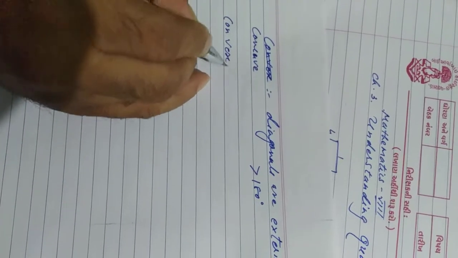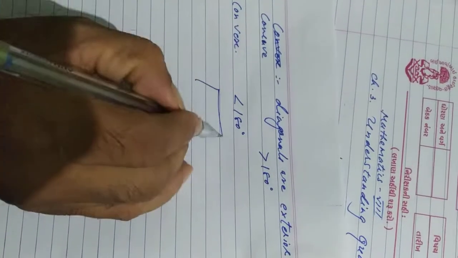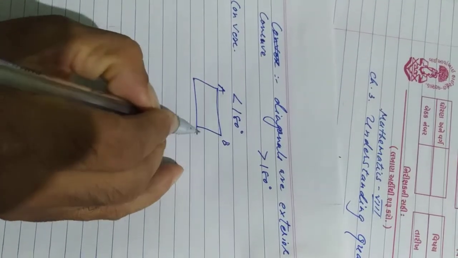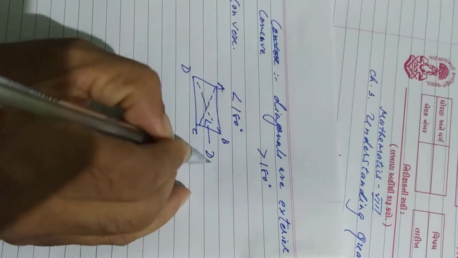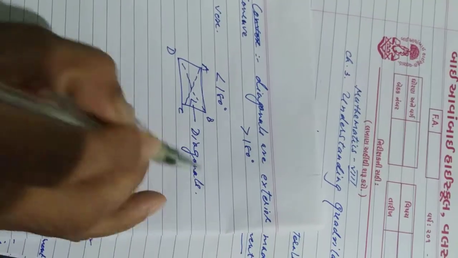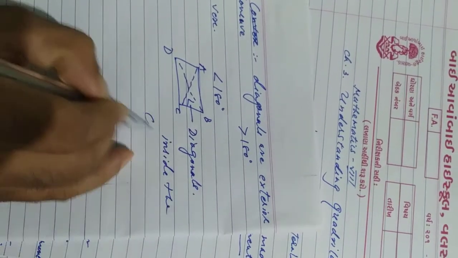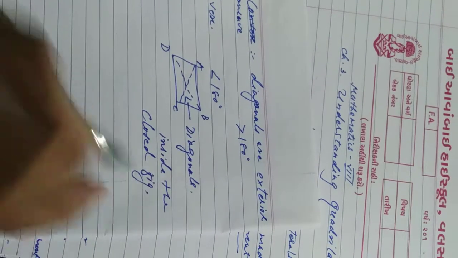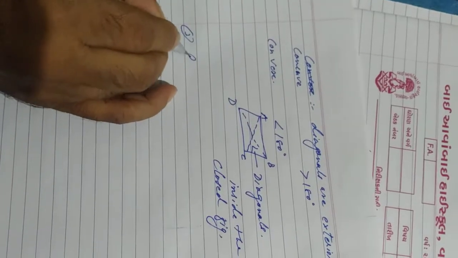Now convex, right? It is definitely opposed to it. So the measurement is less than 180 degrees, as well as its diagonals are inside the closed figure. Got it? Sure.